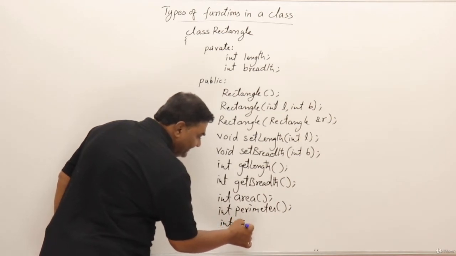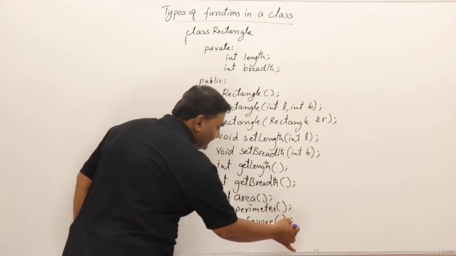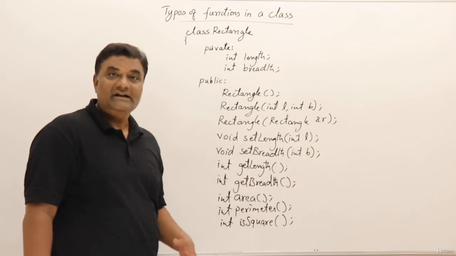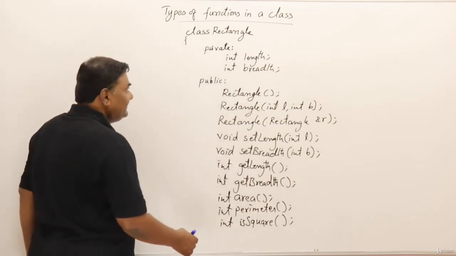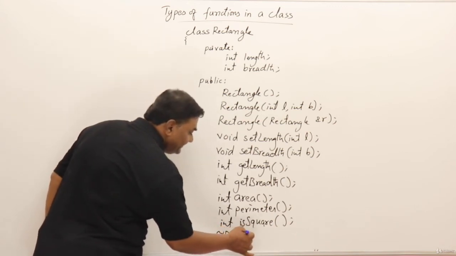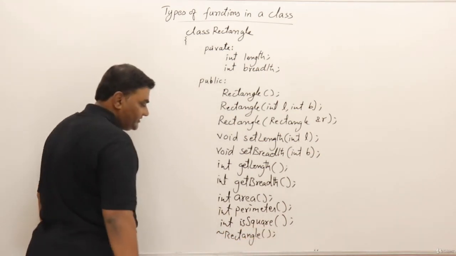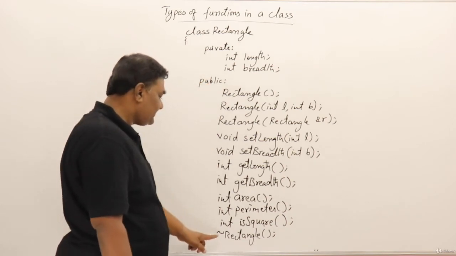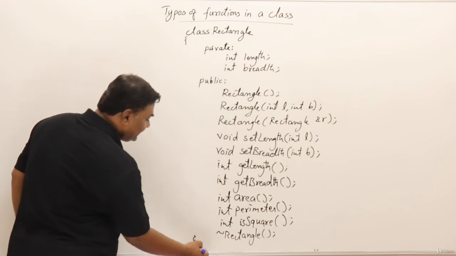So int issquare, this is a single word, there is no space. This is an inspector or enquiry, which returns true or false. Then lastly, a destructor function. We have not discussed this one, so we will discuss it after some time. The destructor has the same name as the class, but a tilde sign is used. That's all, close of class.